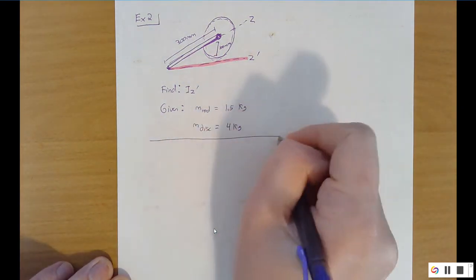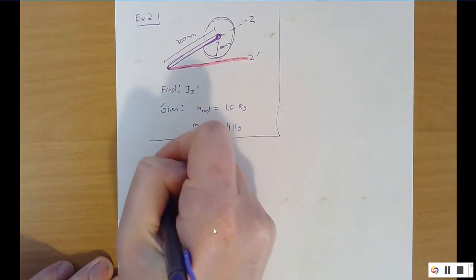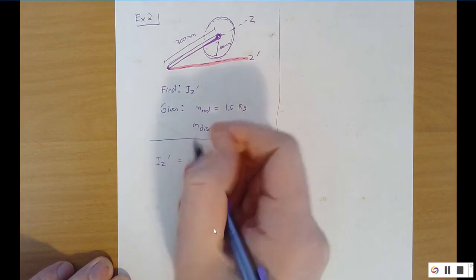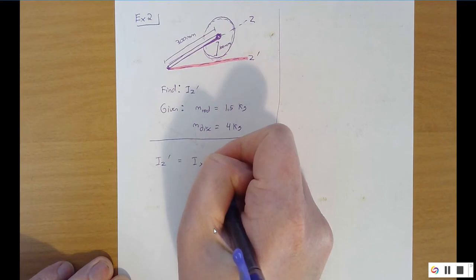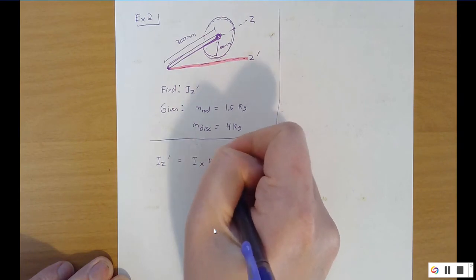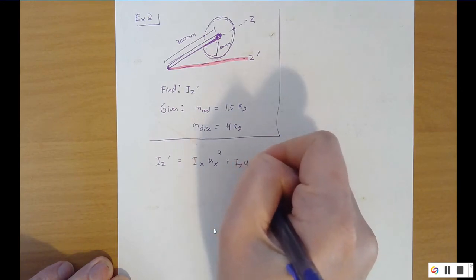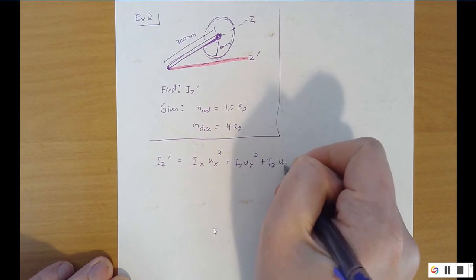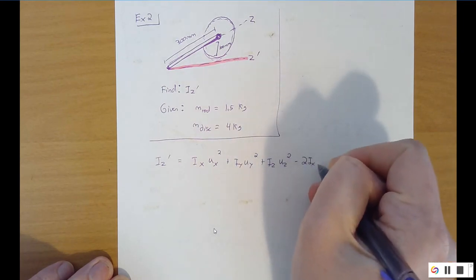So we're going to use our equation about an arbitrary axis. So Iz prime is our arbitrary axis. It's going to be Ix ux squared. So I'm going to drop the extra x off of that. Plus Iy uy squared plus Iz uz squared minus 2 Ixy.